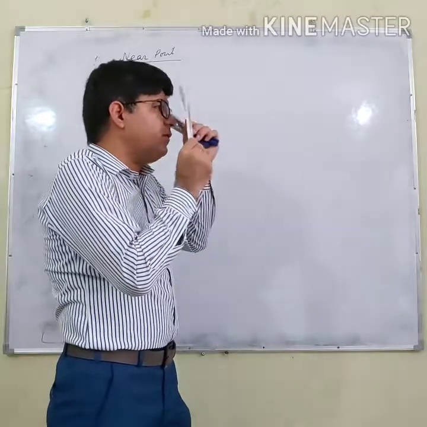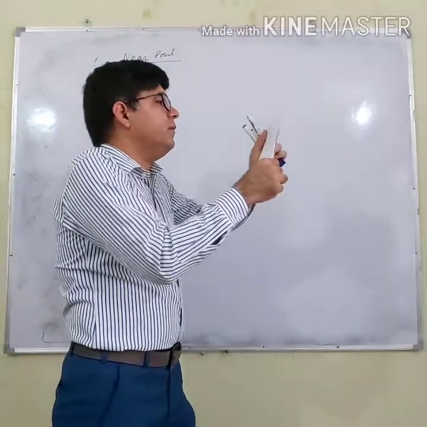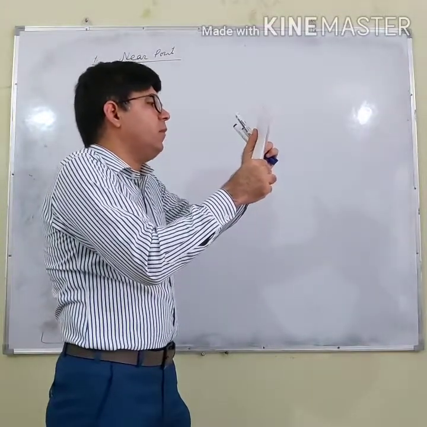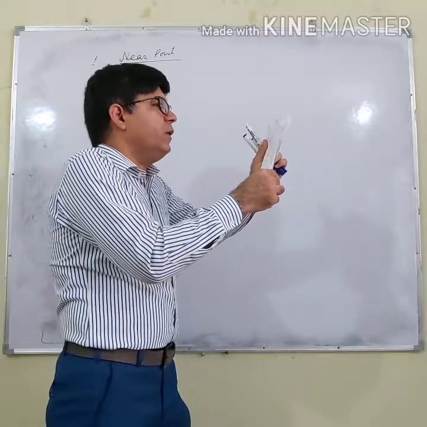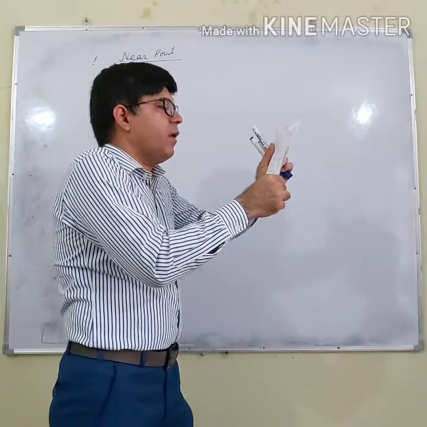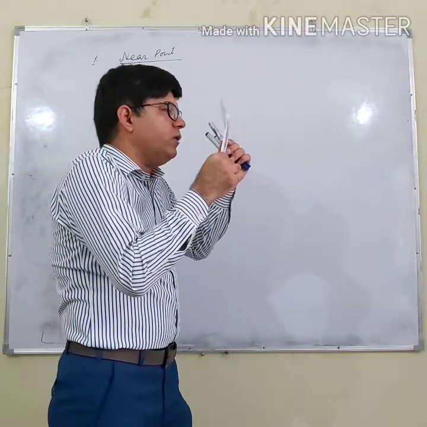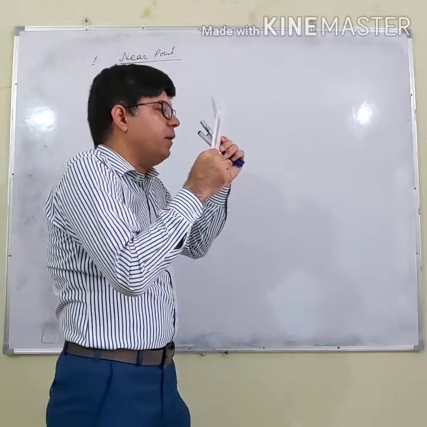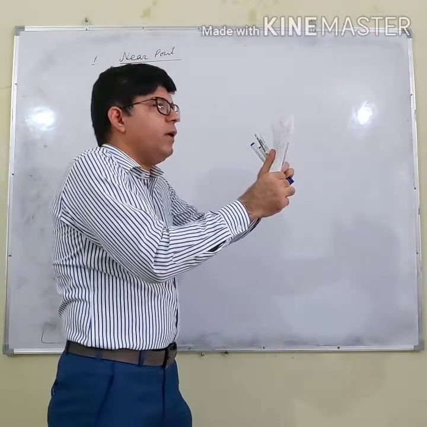Now when we start moving this page away from the eye, a point comes when we can read this page properly without any strain. If I bring it closer, again I will not be able to read, but here I can read it comfortably.